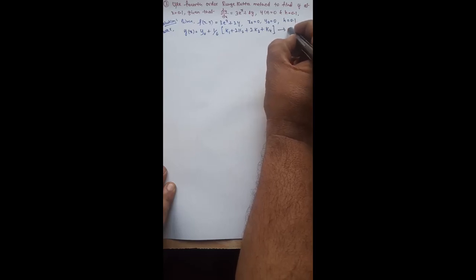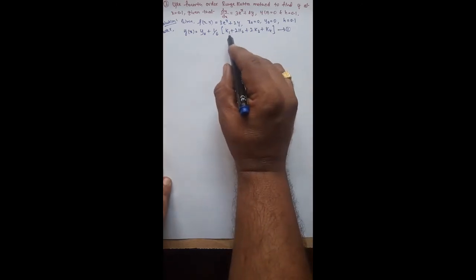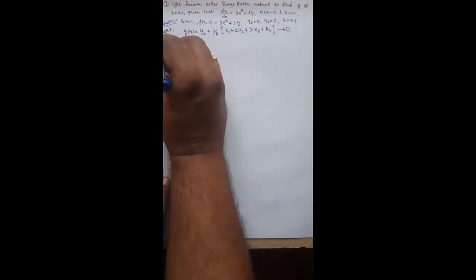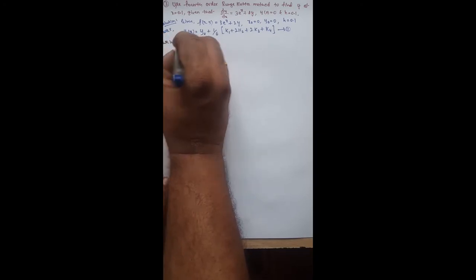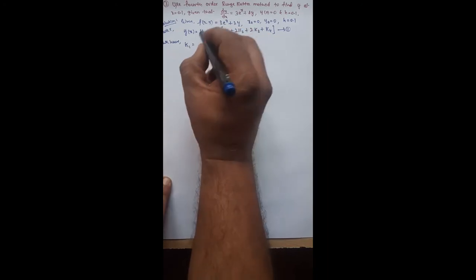So let us call it as 1. So this is the formula which calculates the approximate solution in case of RKM. Now these are the unknown terms k1, k2, k3, k4. We'll calculate one by one. So we have first parameter k1 equals. So what is the formula of k1?